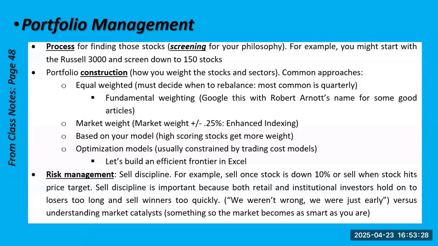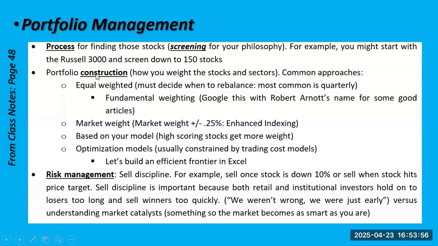What most people do is they take the computer and they screen it down to a reasonable list of stocks they can work with. So if there's 500 stocks in your industry, you don't have time to look at 500 stocks, because you're going to need like 50 to 100 hours per each company. You don't have that many hours. So let the computer get it down to maybe 20 stocks, and then you're going to do deep research on those 20 stocks. Something along those lines is what you're looking for.